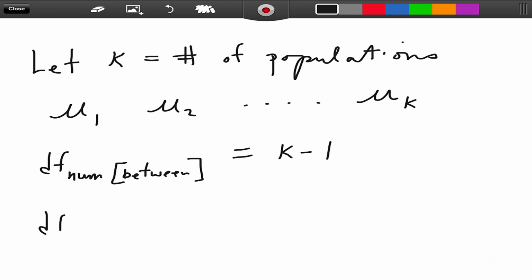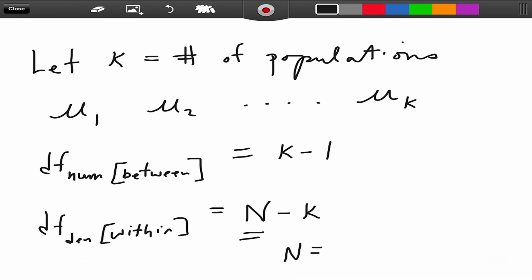The degrees of freedom for the denominator, which for the time being we're going to refer to as the within variation, is n minus k. And guys, n just stands for the total sample size. So n would be the sum of the sample sizes, i equal 1 to k.